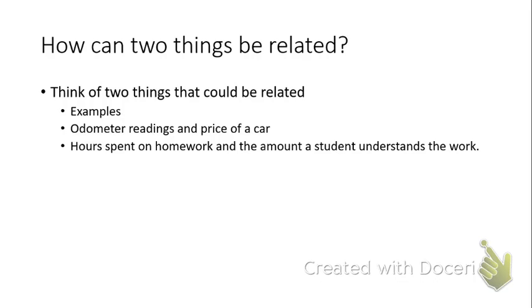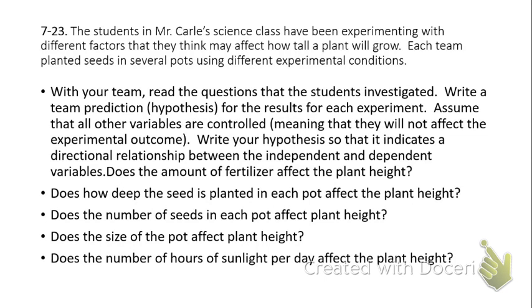Okay, so now we're working on problem 7-23. Make sure to write 7-23 on your paper now. And it reads, the students in Mr. Carl's science class have been experimenting with different factors that they think may affect how tall a plant will grow. Each team planted seeds in several pots using different experimental conditions.